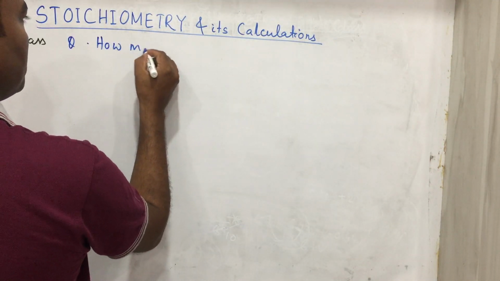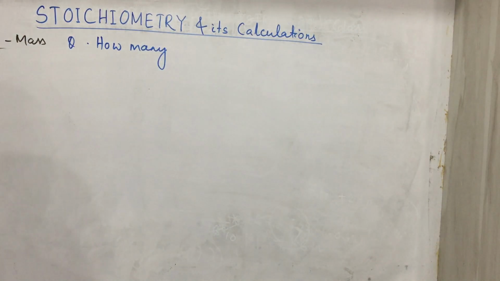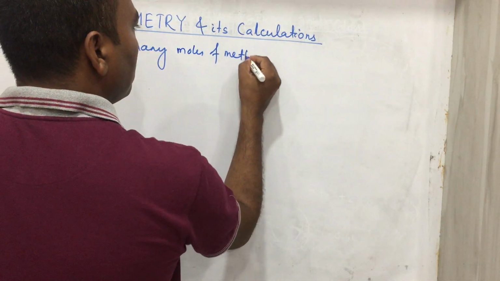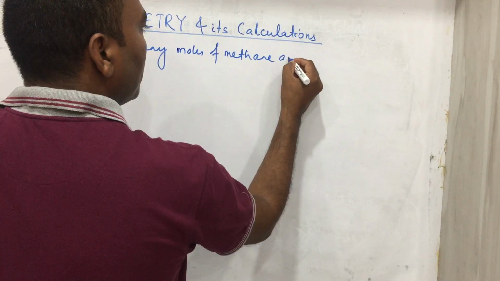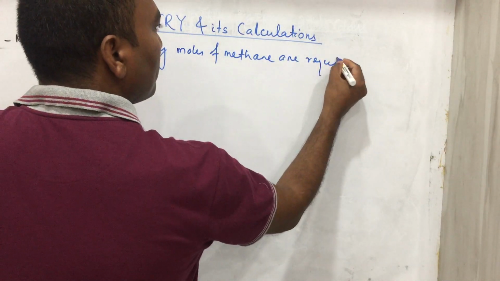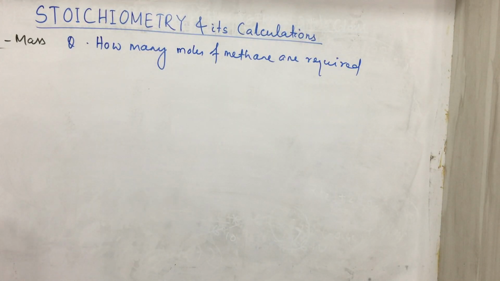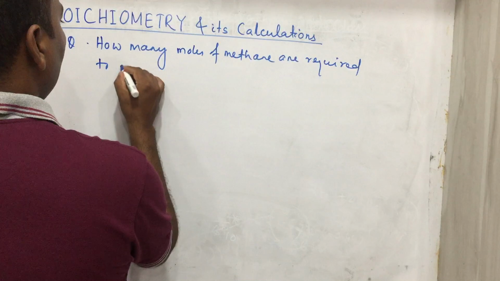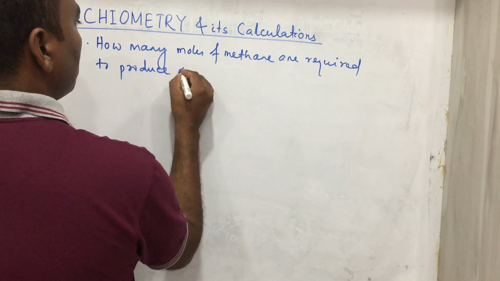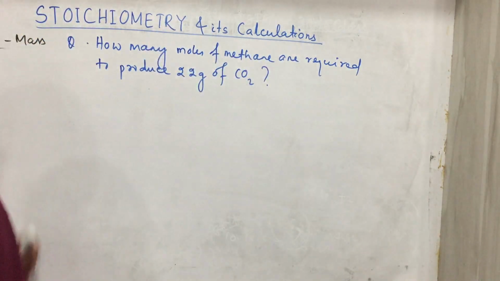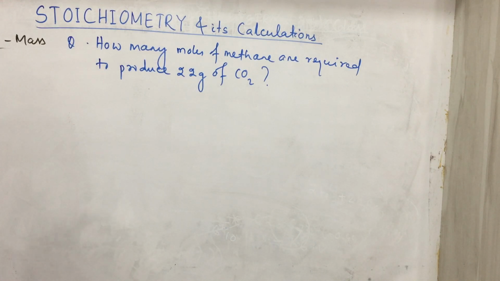Mass relationship. Suppose another question is: how many moles of methane are required to produce 22 gram of CO2 after combustion?